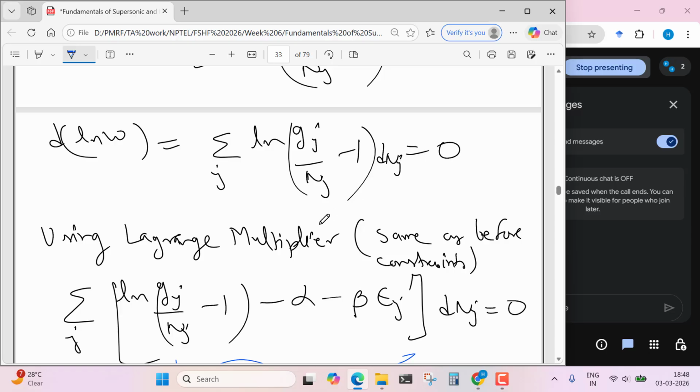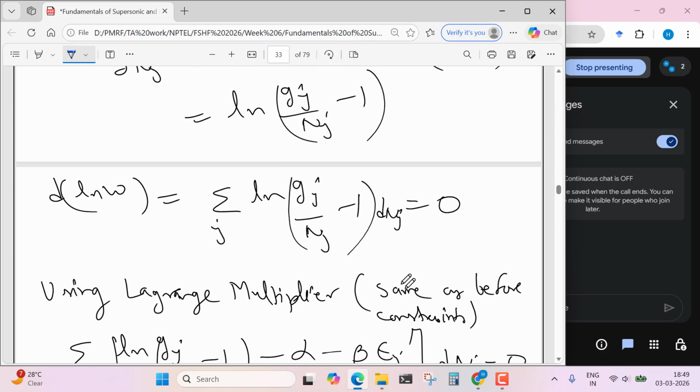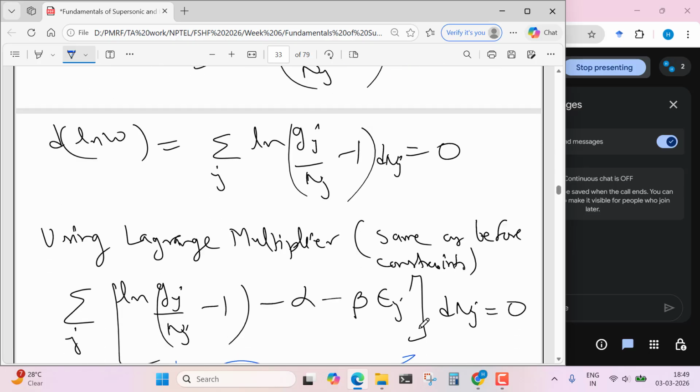We also have the same constraints as before, which are sigma Nj equal to N and sigma epsilon j Nj equal to E. If we use the same method of Lagrange multiplier, we will get sigma j log Gj upon Nj minus 1 minus alpha minus beta epsilon j dash dNj equal to 0.